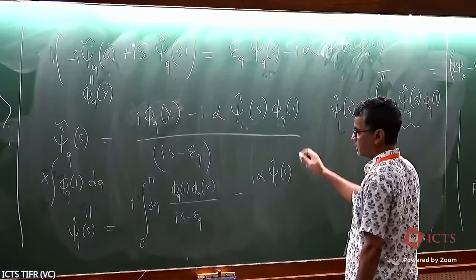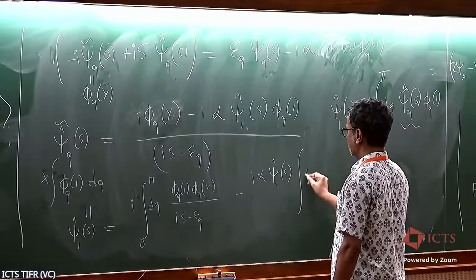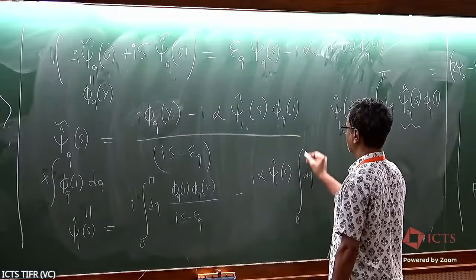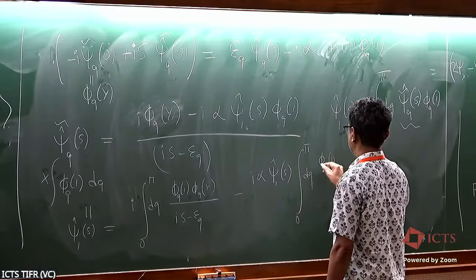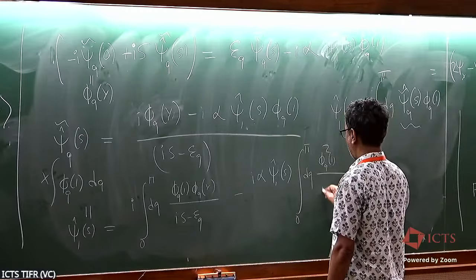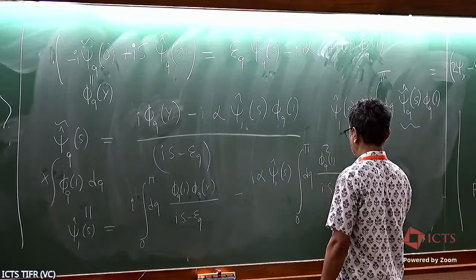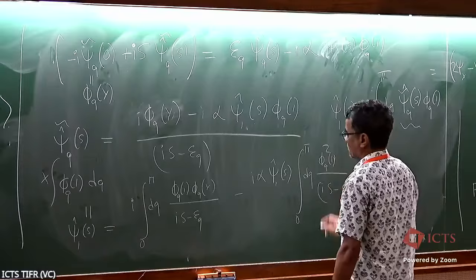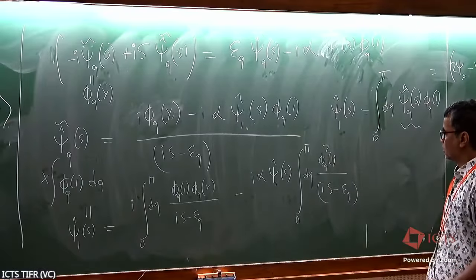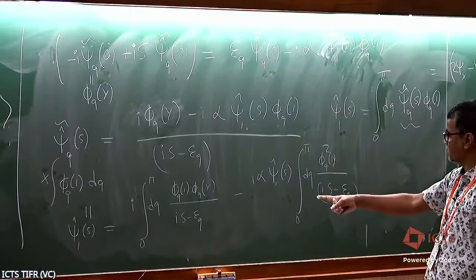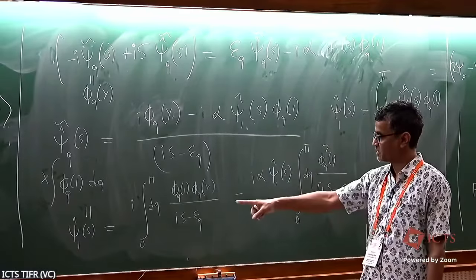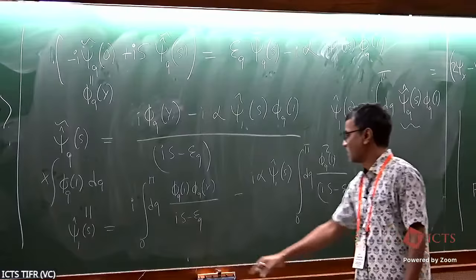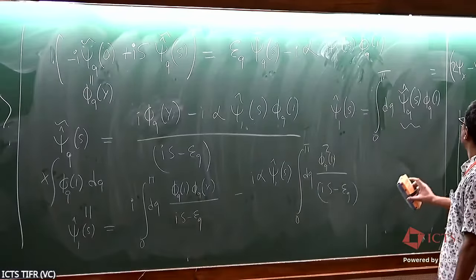Then we have dq. Okay, so now we have an explicit solution for psi 1 hat s, right? We can just take it to this side, and we have an explicit solution.